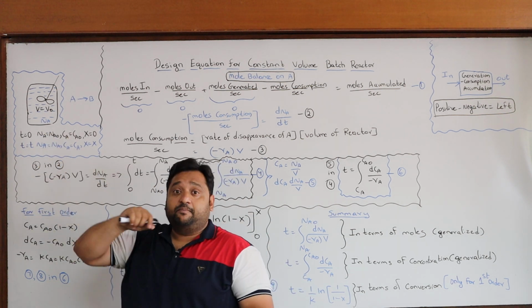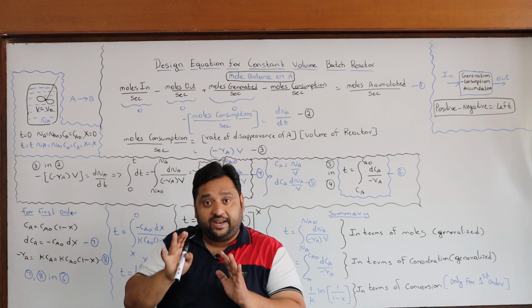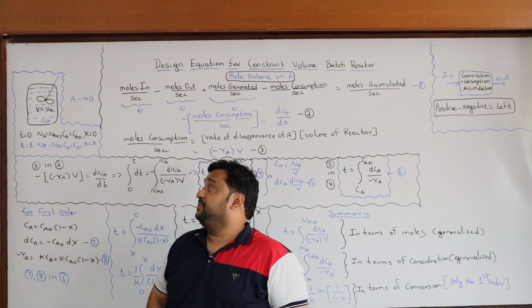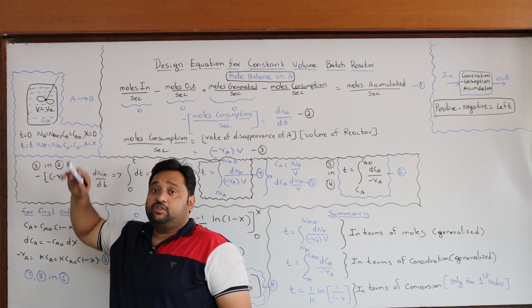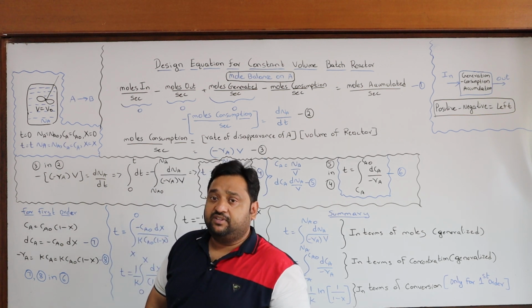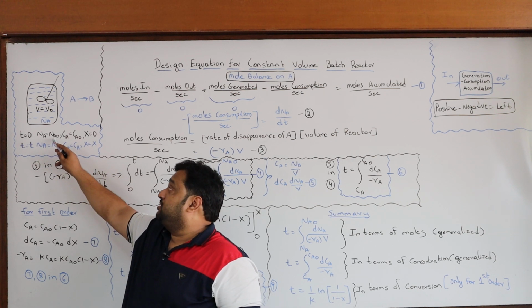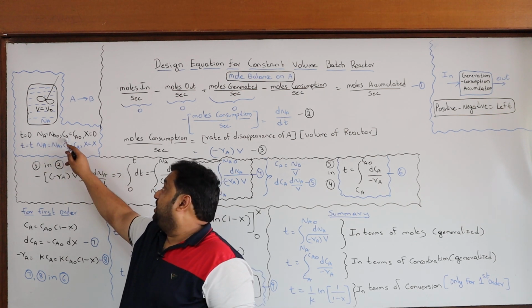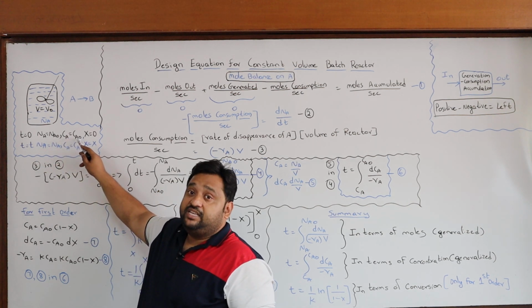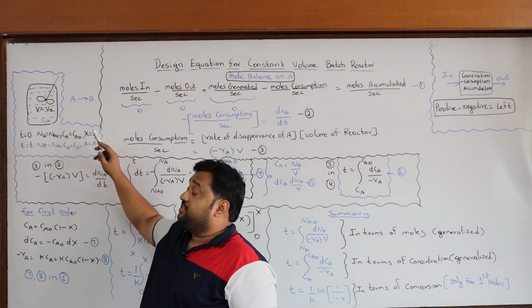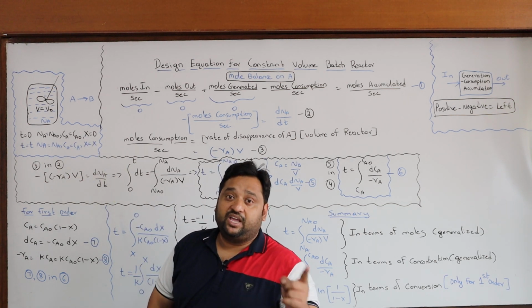Na is the number of moles of A remaining after the reaction. At time t equal to 0, just before the start of the reaction, what are my moles? That is the initial moles Na0, with initial concentration Ca equal to Ca0. What is my initial conversion before the start of the reaction? 0.